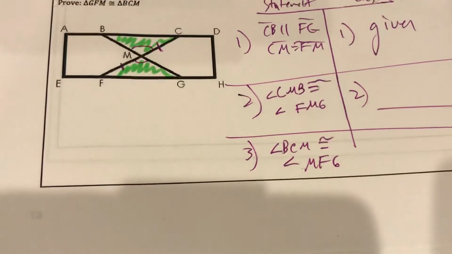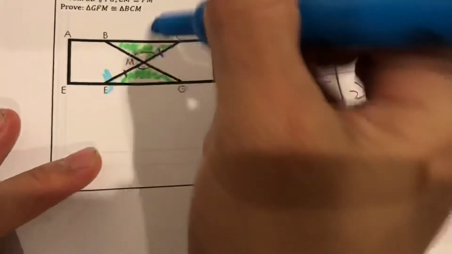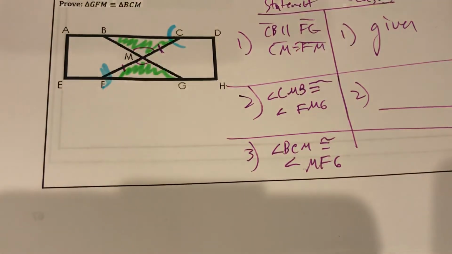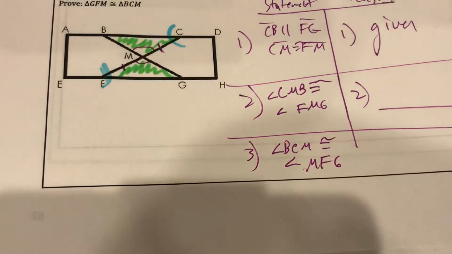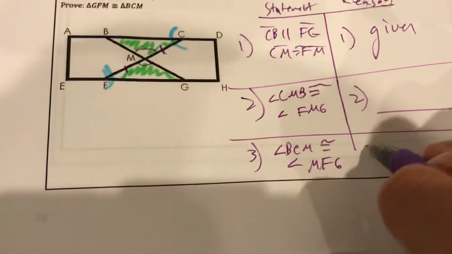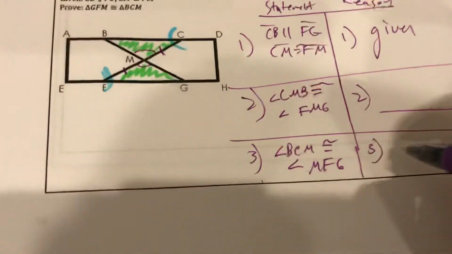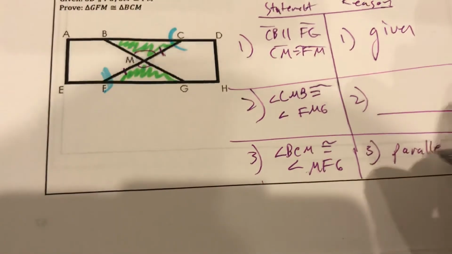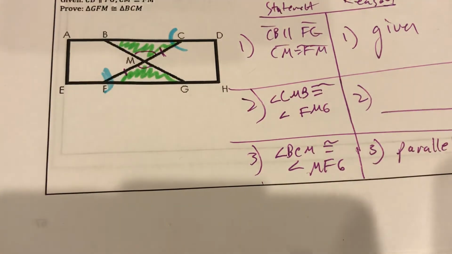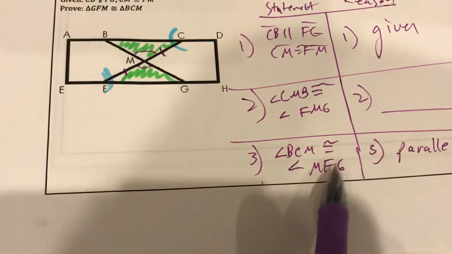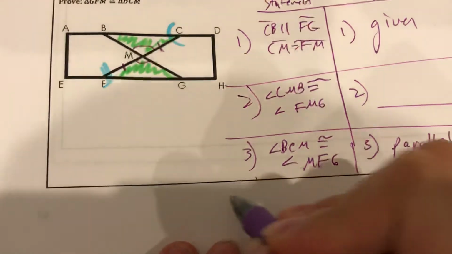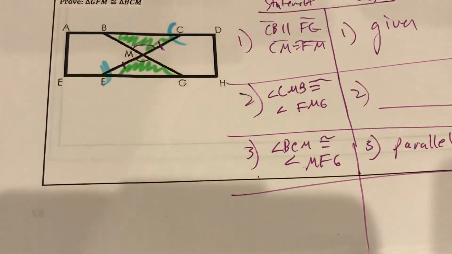I hope you guys can see it because now we have this and we have this. And the reason why we know this to be true is because parallel lines create special angles, and so parallel lines prove that BCM is congruent to this.